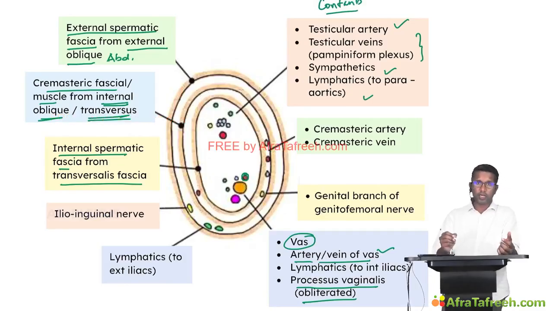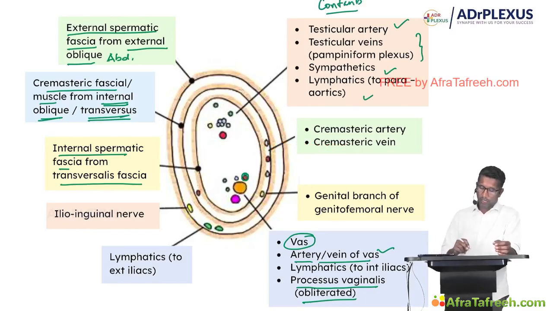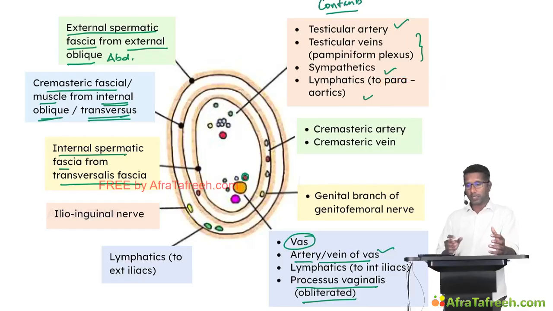The testicular veins don't lie as a single vein, they lie in a plexus. This plexus of veins is called the pampiniform plexus.